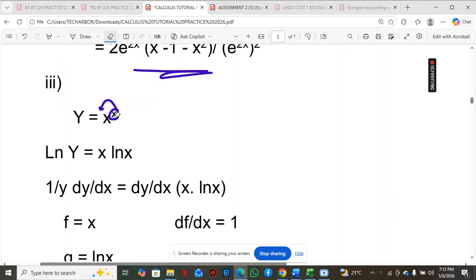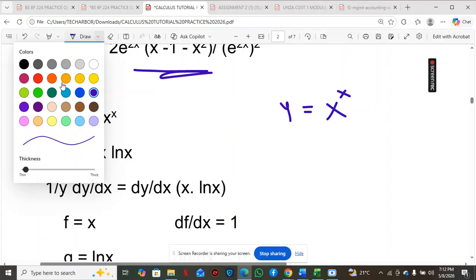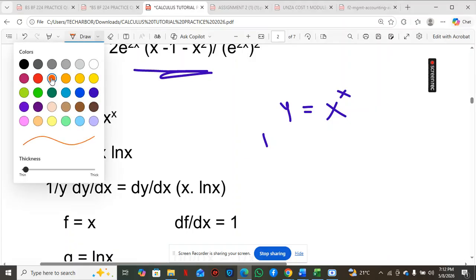Okay. So in this case here, let me put it on the side here, y equals x to the power x. So you're going to bring in the logarithms. What you do on the left hand side, you're going to have to do on the right hand side.